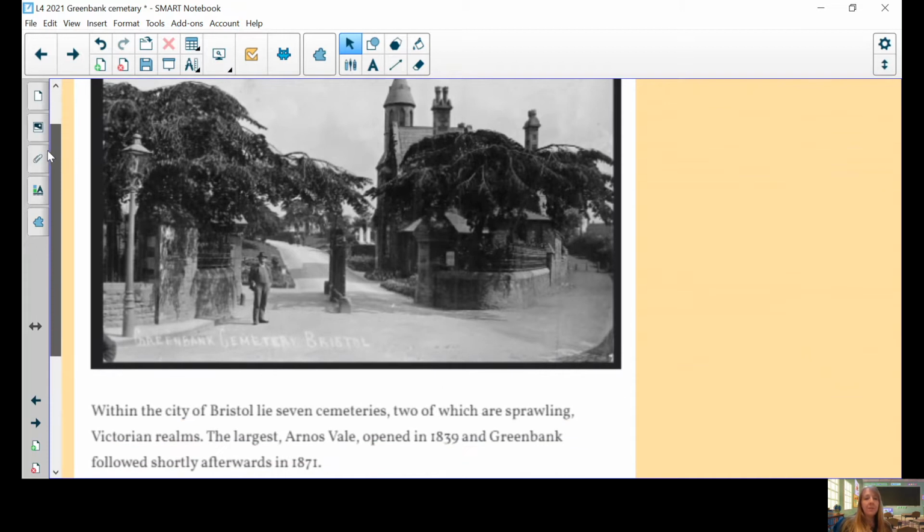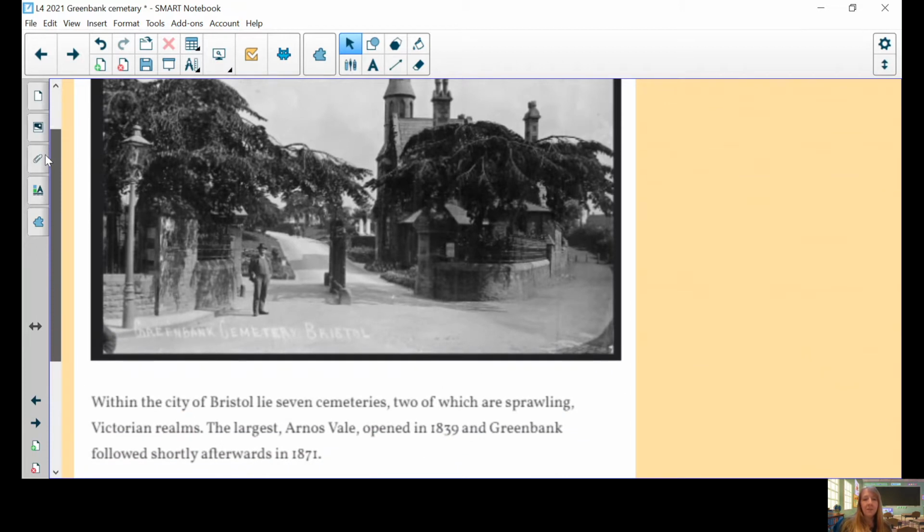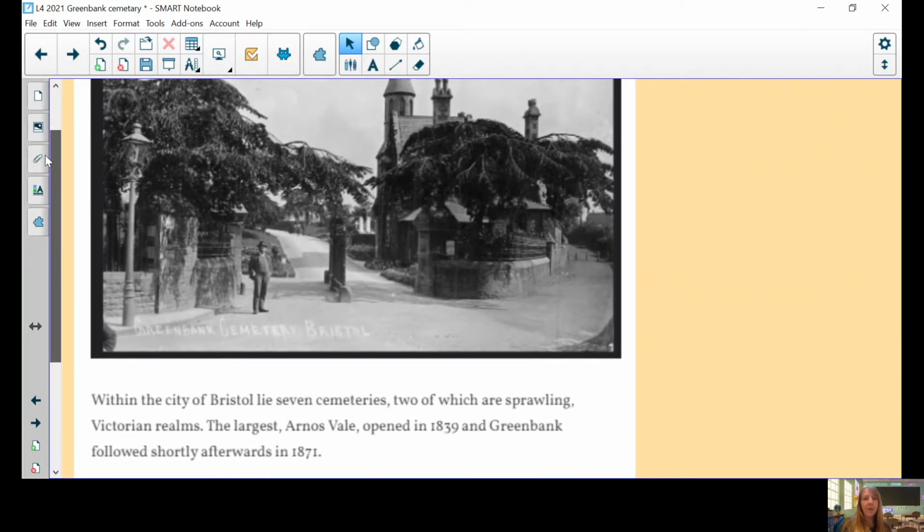Within the city of Bristol lie 7 cemeteries, 2 of which are sprawling Victorian realms. The largest, Arnos Vale, opened in 1839 and Green Bank followed shortly afterwards in 1871.